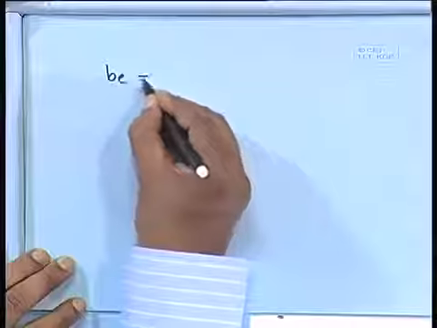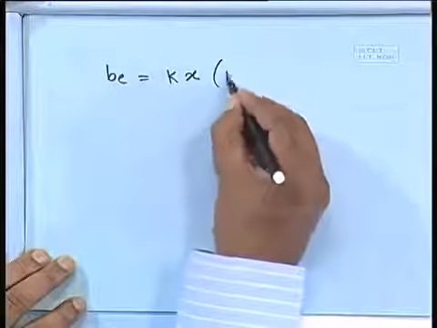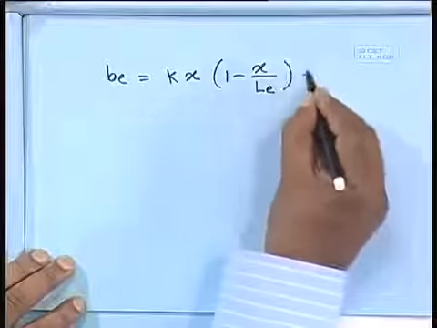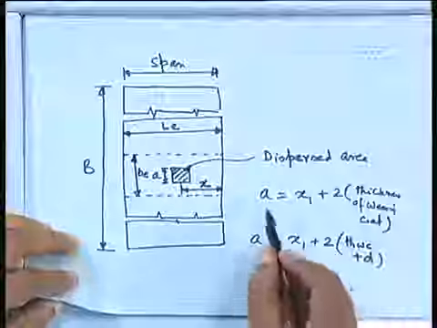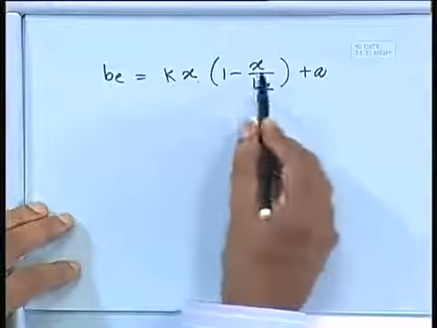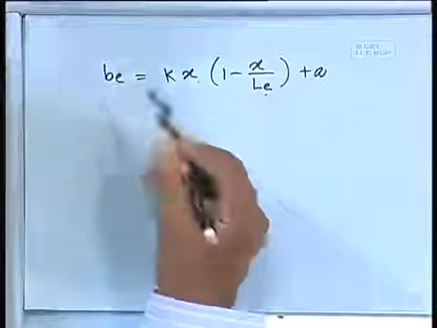BE, the effective width, equal to K times x (1 minus x by LE) plus A. A I know, x I know, LE I know. So I can find out K, x, LE the effective span, and A, and so I can find out the effective width.